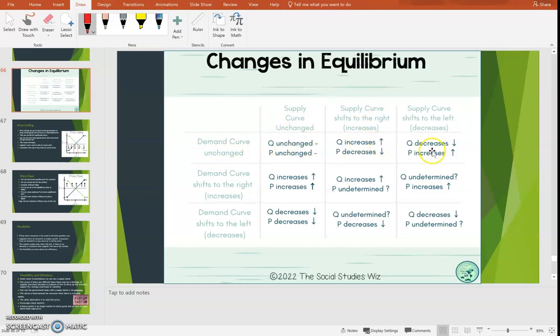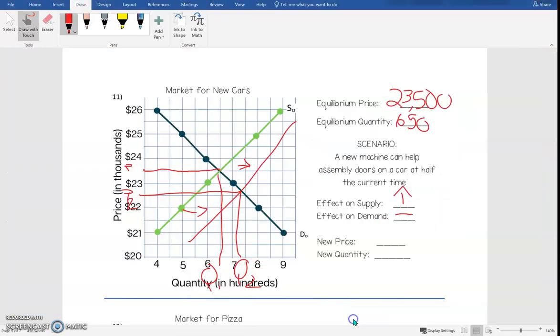So I'm going to look at this top row here. My supply shifted to the right. It increased, okay? So my quantity goes up and my price decreases, right? Which is what we're able to see here, okay? My price didn't go up. My price decreased. Always use the chart to check your movement, okay? And the quantity did increase.